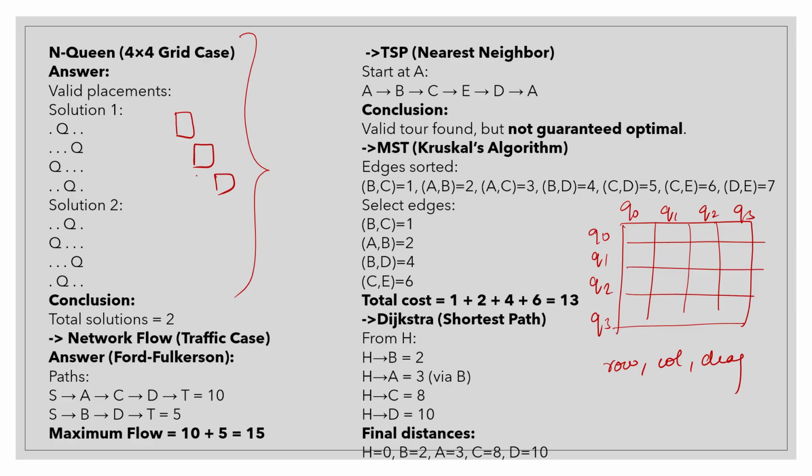So let's place our first queen here. Can we place a second queen? Here? No. Here? No. Not here. But can we place a queen here? Yes, we can. Now let's see. Here? No. Here? Yes, we can. Here? No. Here?